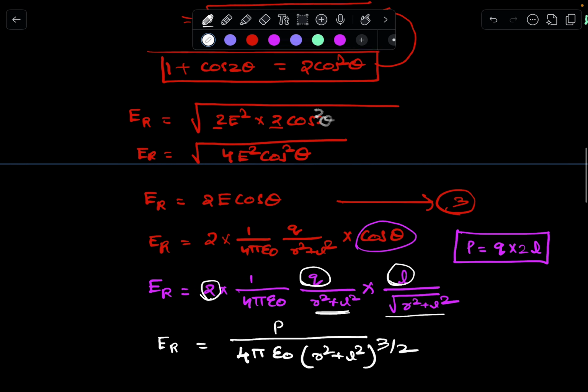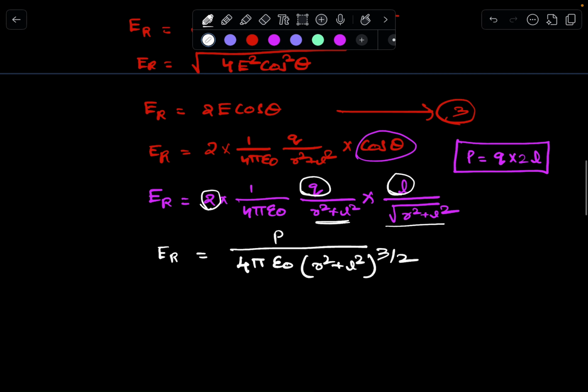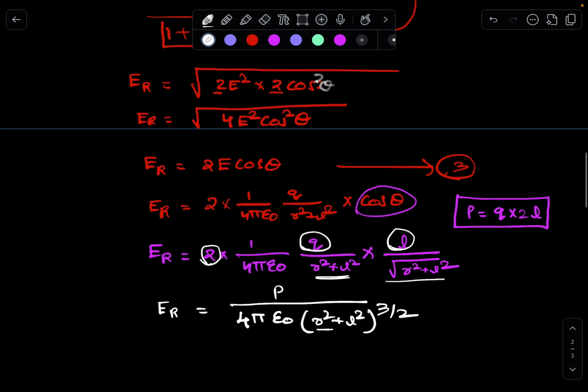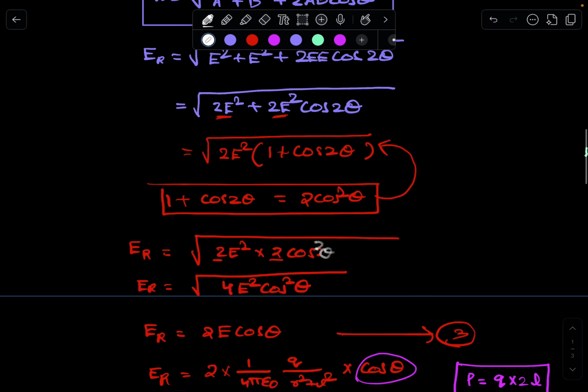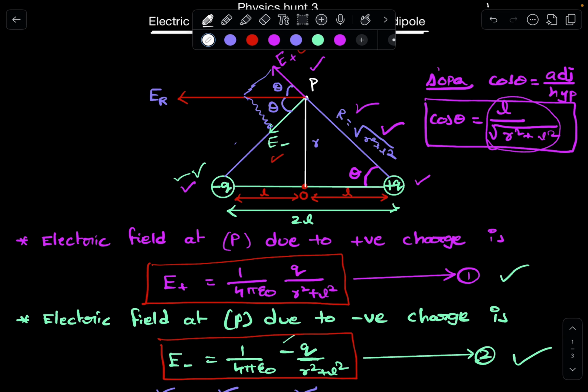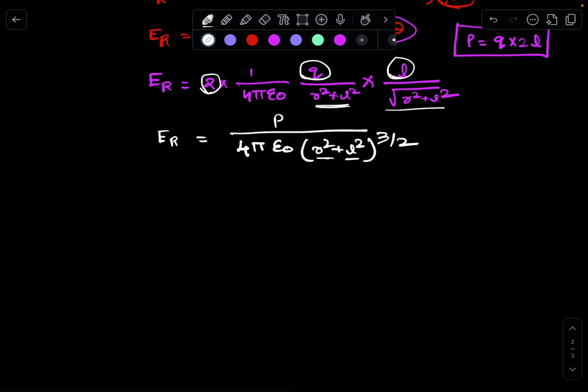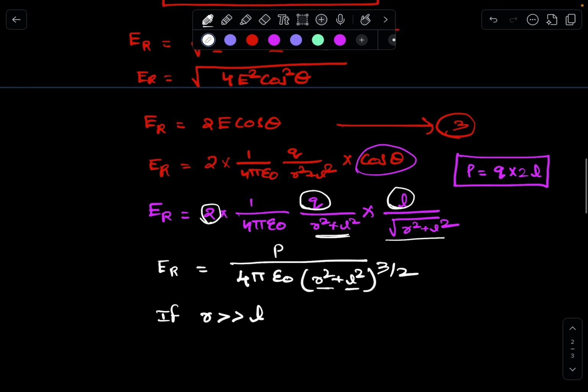Now, after getting this expression, look here, we have r square as well as L square, right? So look at this diagram carefully. As compared to the length, r is maximum. So I'm going to take the condition. Let's say, for example, if r is much greater than L, then how to write this expression?